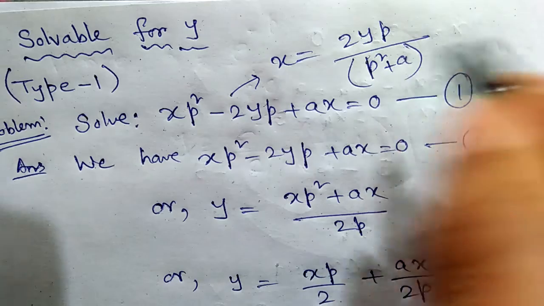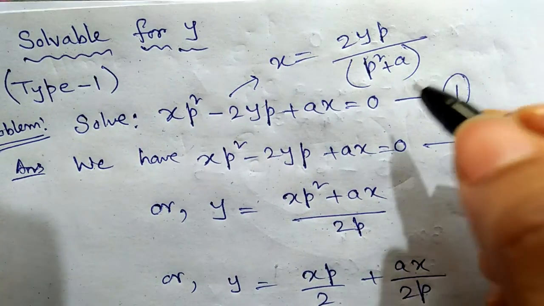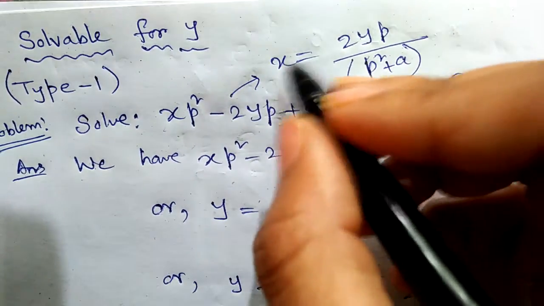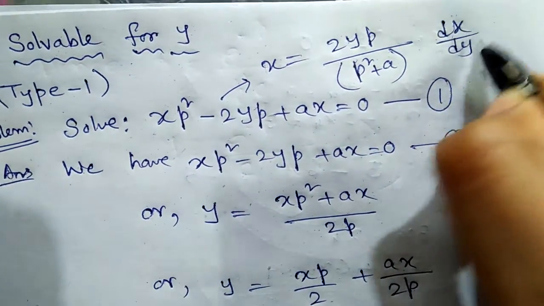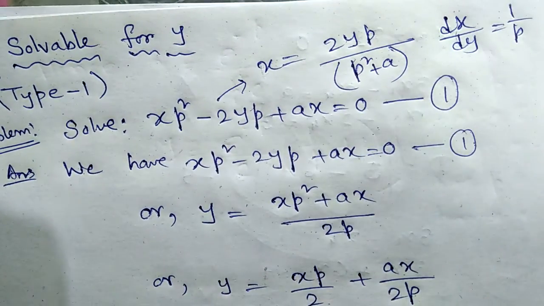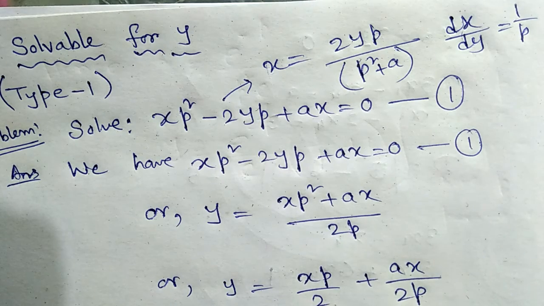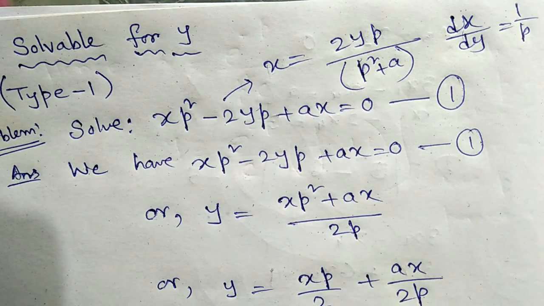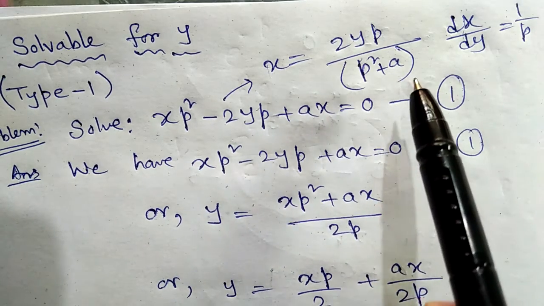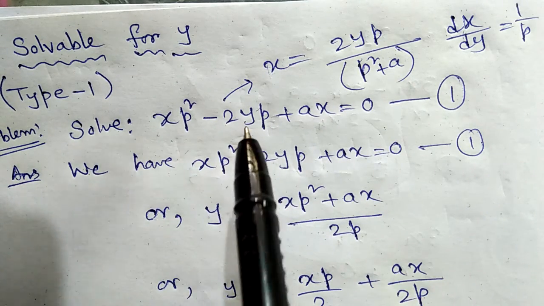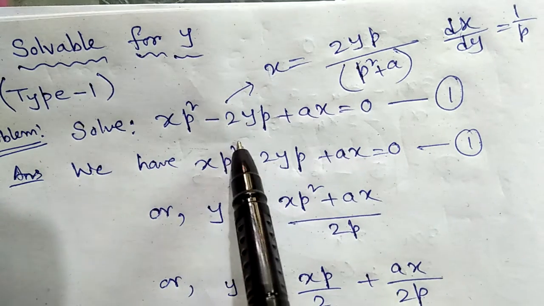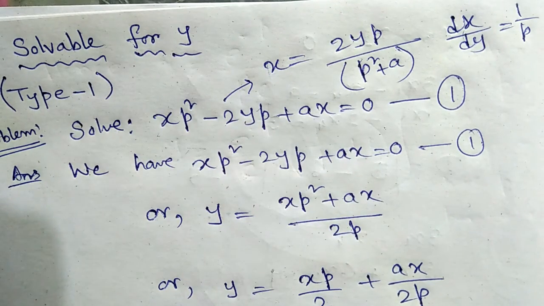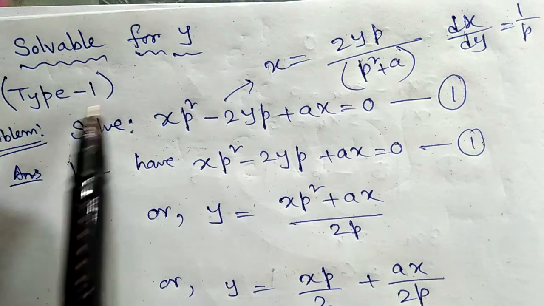Then differentiating this with respect to y, we get dx/dy. In the left portion that will be dx/dy, and this means 1 by p and so on. So in this way we can solve it, but this will be quite laborious. If we can see that in the given expression there is only a single term containing y, we go for solvable for y.